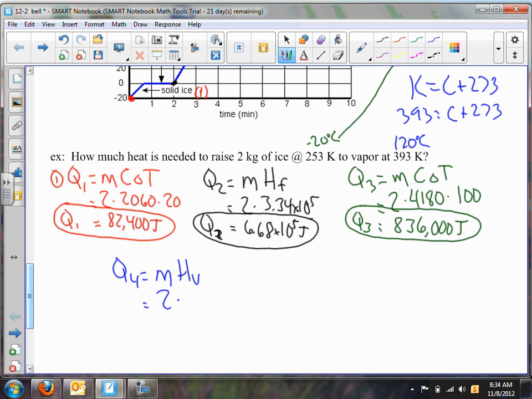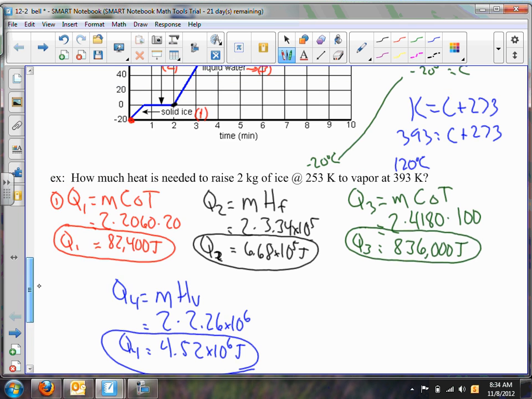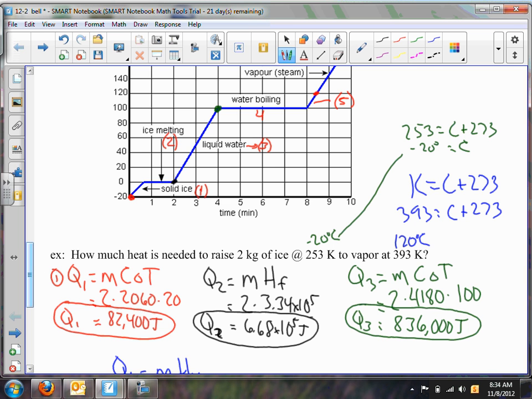The heat of vaporization of water is 2.26 times 10 to the 6th. When you multiply that together, we get 4.52 times 10 to the 6th joules. And that brings us to this point. That's how much heat it took to actually boil the water.